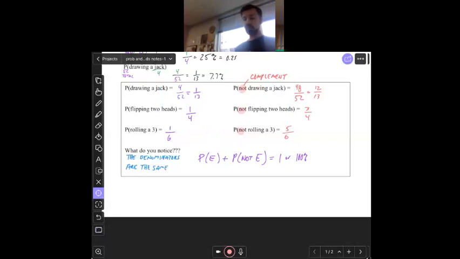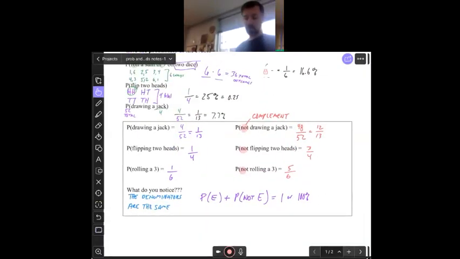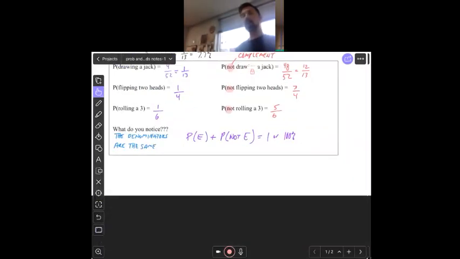We have enough experience with cards to know that there's going to be 48 cards that aren't jacks. But maybe we don't know that. That could be tricky to figure out. But flipping 2 coins, we can see, because we wrote down the sample space, that there's 4 total and that 3 of them aren't 2 heads. Or we know that rolling a die, 5 of the sides aren't 3. What if we don't have enough information there, or we're not familiar enough with the situation to figure that out?